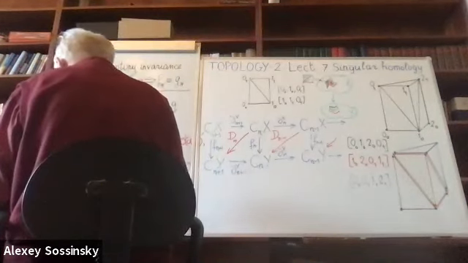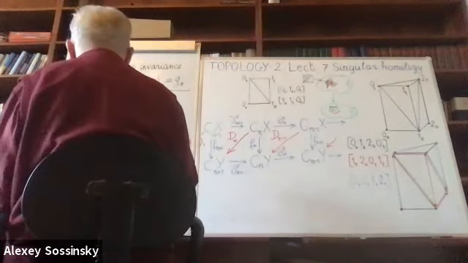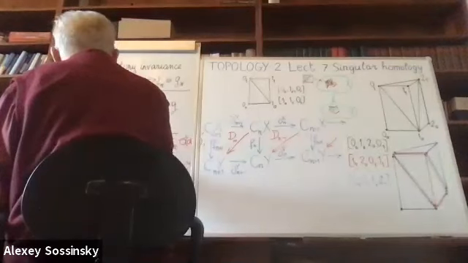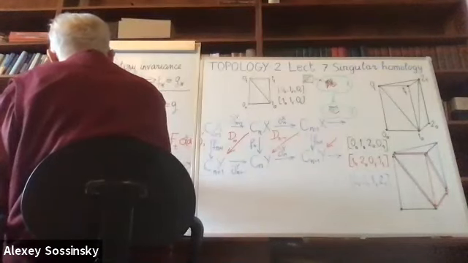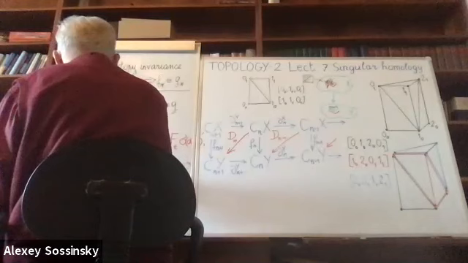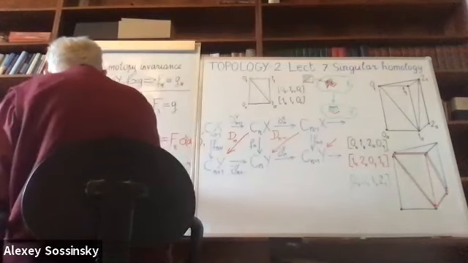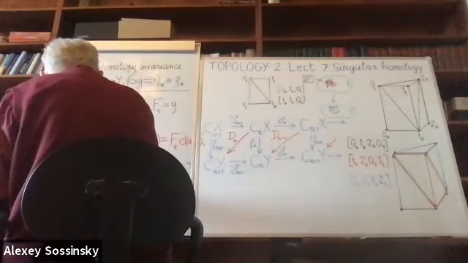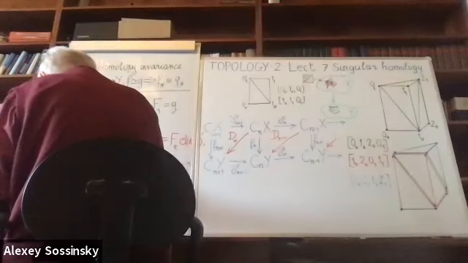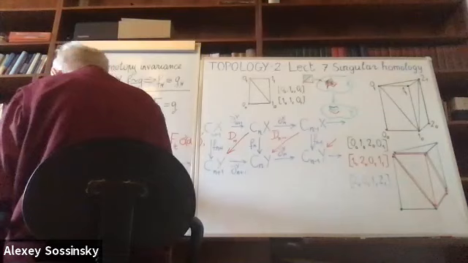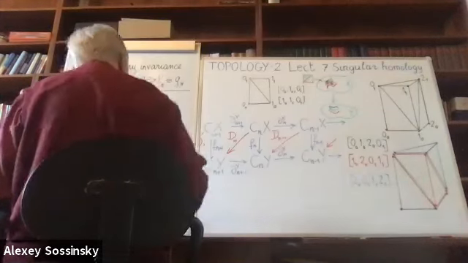If I take the jth vertex of Delta_{n+1}, I will take it to the vertex (j,0).